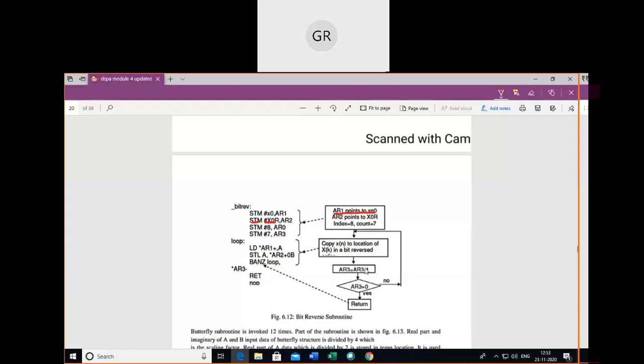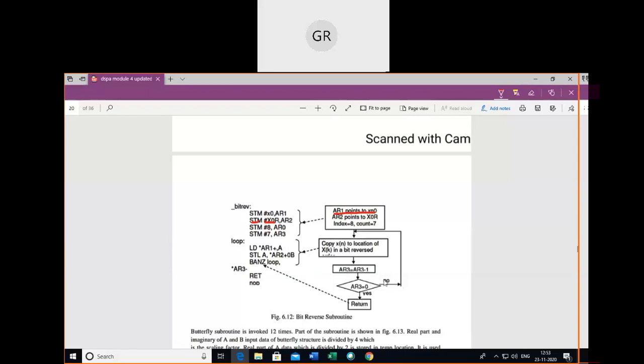AR3 equals AR3 minus 1 becomes 6, then 5, 4, 3, 2, 1. When it is equal to 0, yes, return to the main program.